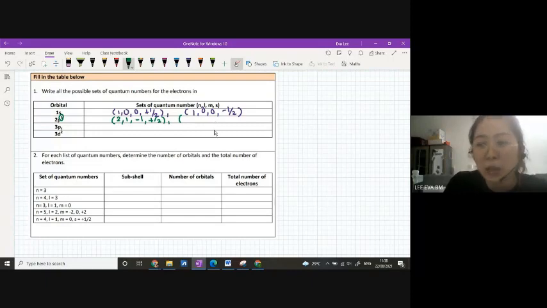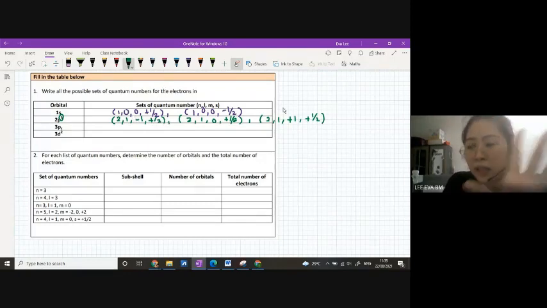So daripada 6 set itu awak pilih 3. So in this case I will choose 2, 1. I change the orbital to become 0 and positive half. I stick to positive half first. And then after that I have 2, 1, positive 1 and then positive half. So dekat sini madam akan stick kepada spin dia semua sama arah dulu. I stick to positive half for the first 3 electron. Okay.